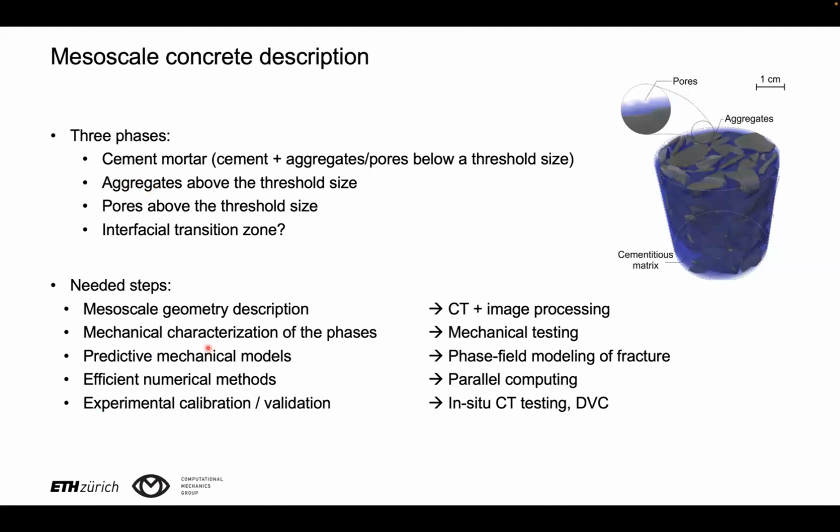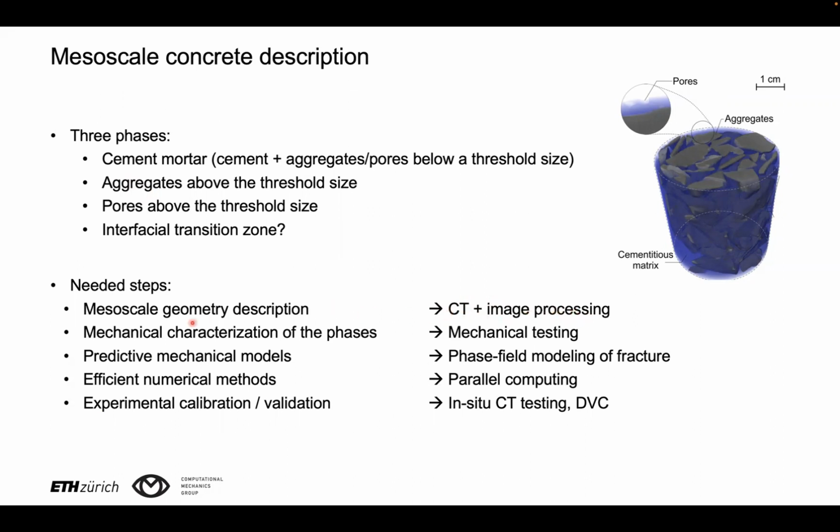Now, what are the steps needed to model and simulate mesoscale concrete? So first of all, we need the geometry description of the mesoscale. And this, as I'll show you in a second, we do through X-ray tomography or computed tomography, or CT. And of course, this also needs a substantial phase of image processing.